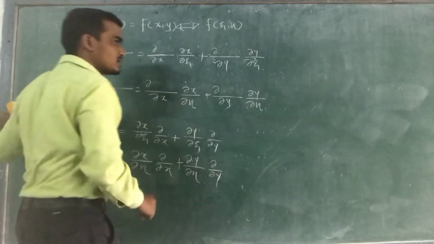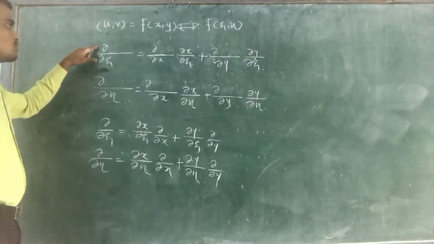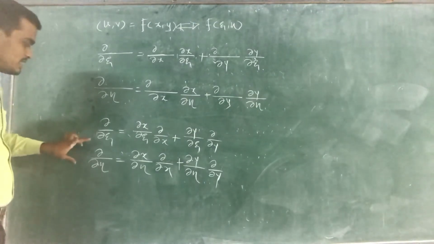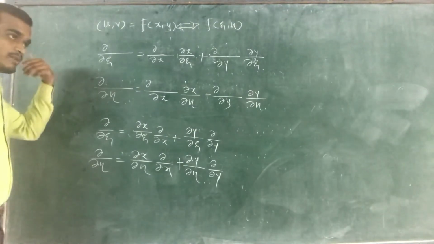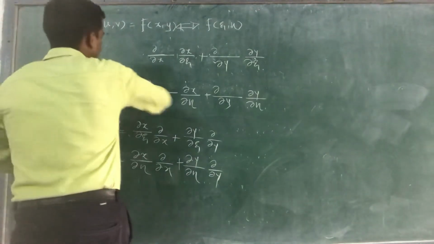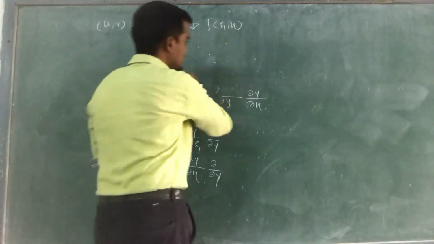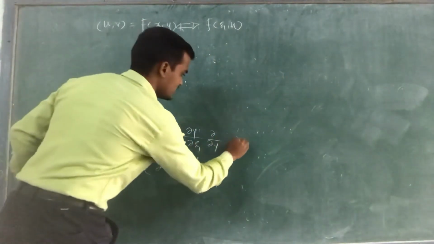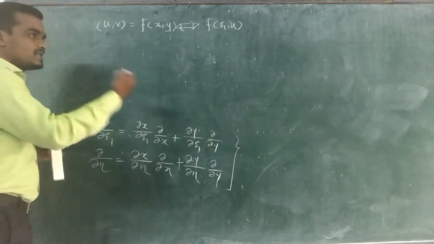For general purpose we are writing only dou by dou zeta and dou by dou eta. In this way you get them by using partial differentiation. Now we can write these two equations in matrix form.